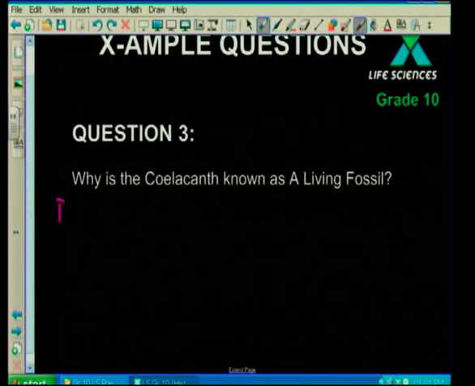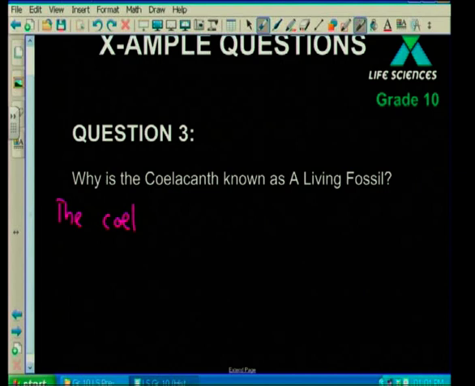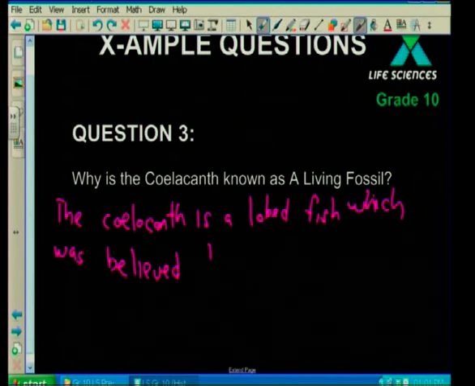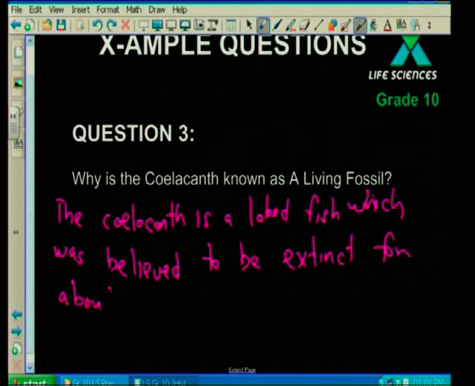So we got to write down that the coelacanth is a lobed fish which was believed to be extinct for about 65 million years ago.